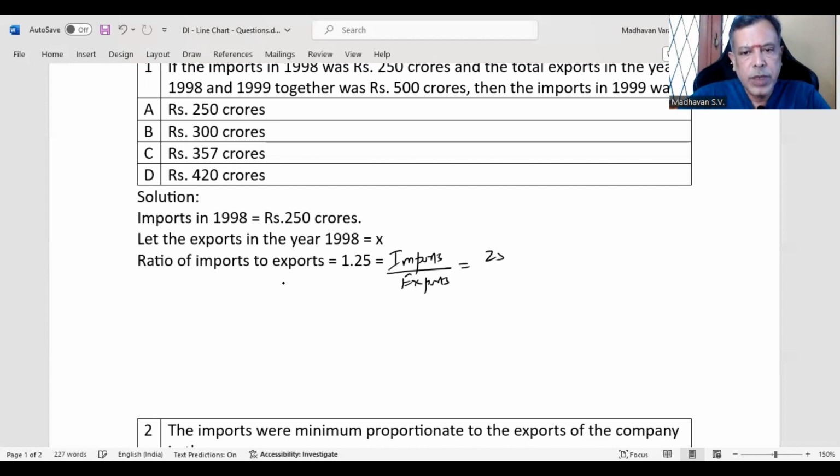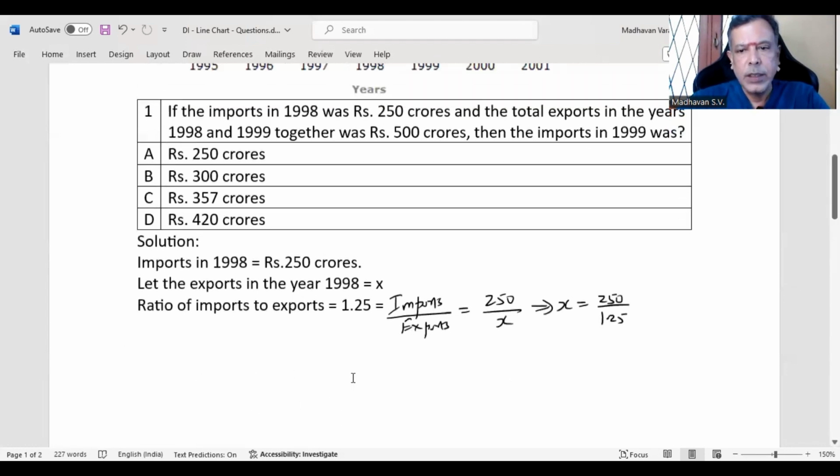Imports is given in the question as 250. Exports, we are assuming as X, which means our X will be 250 divided by 1.25. If we calculate that, we get 200 crores.